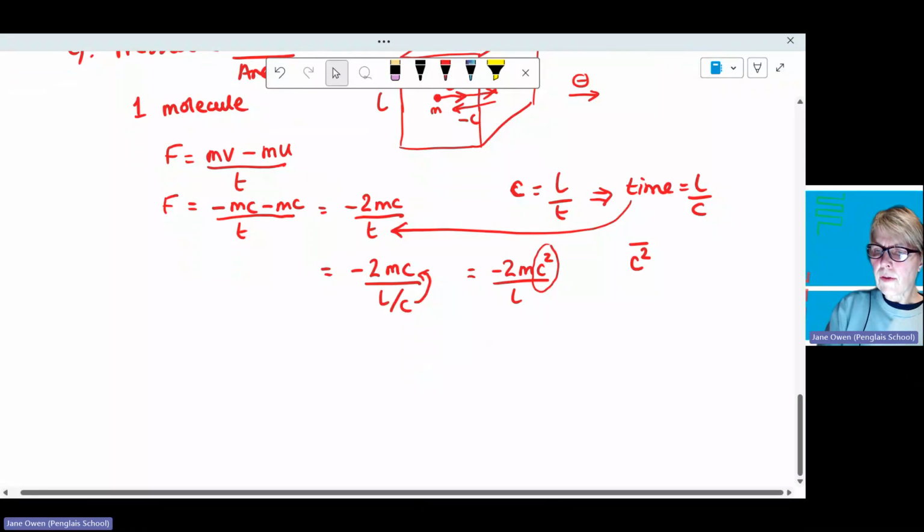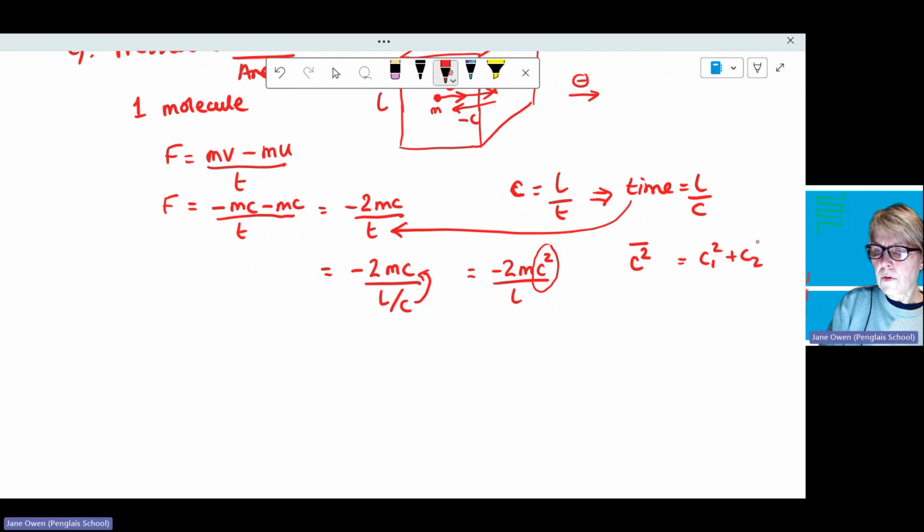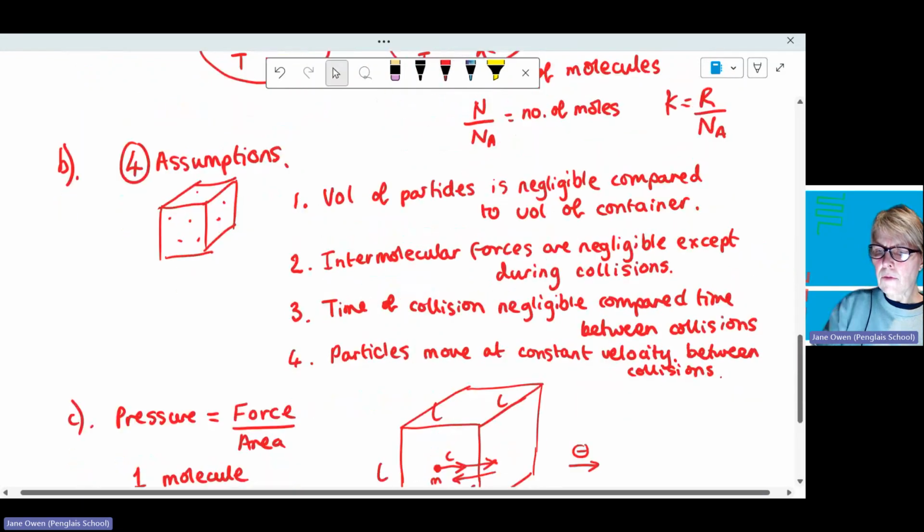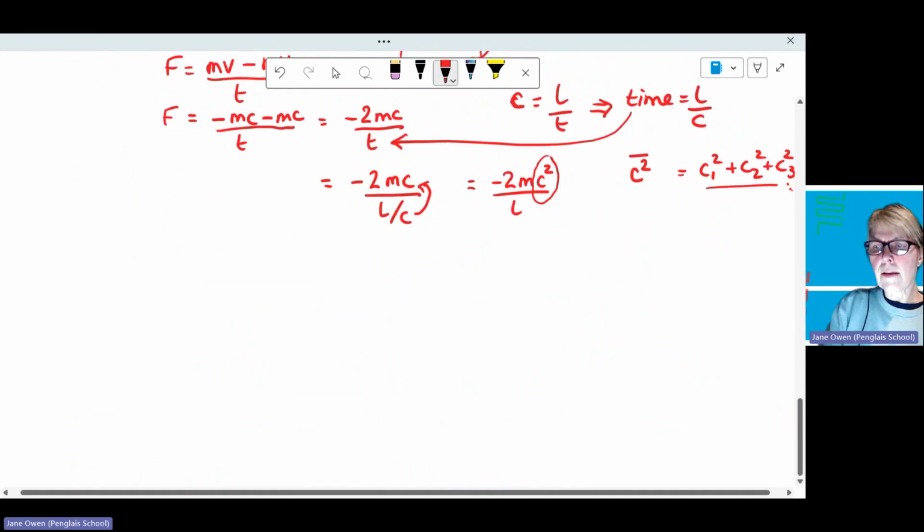That mean speed is given by one speed squared plus another speed squared plus another, and so on, and we divide it by the number that we've got. So say we've got 3 particles, then we just divide it by 3. I might come back to that in a little while.